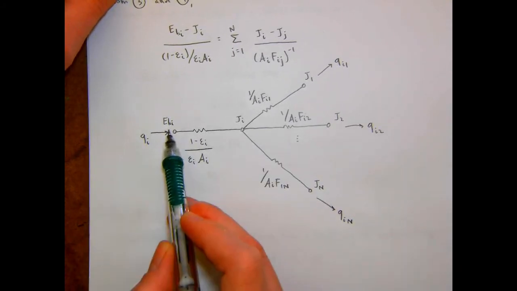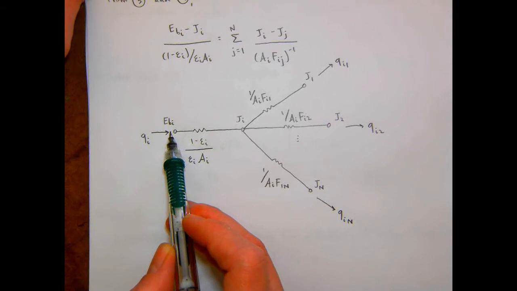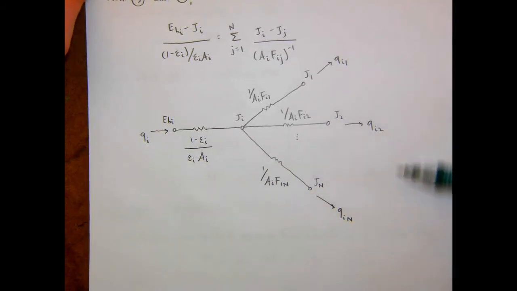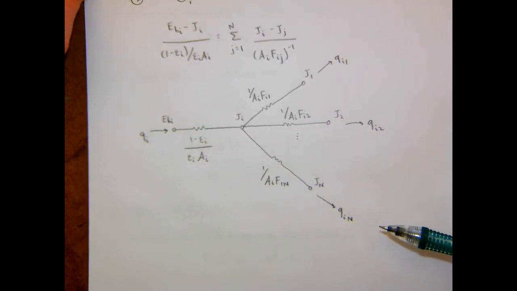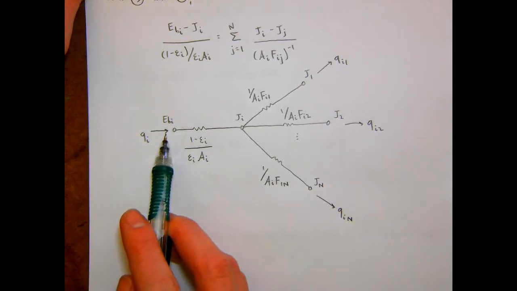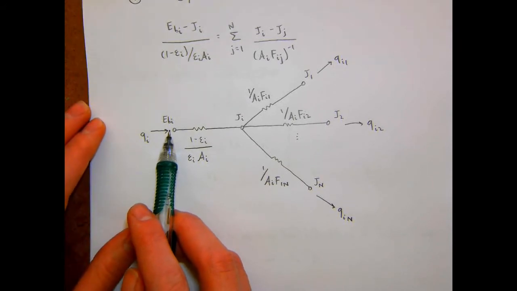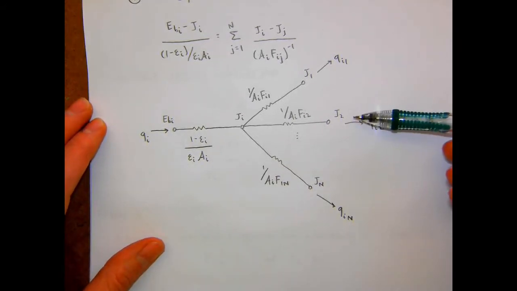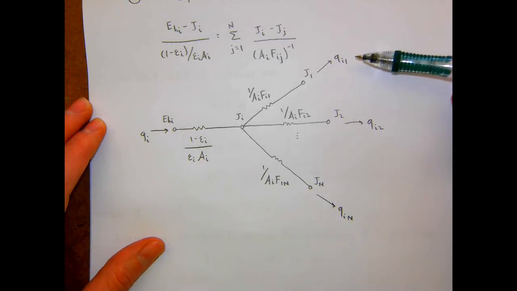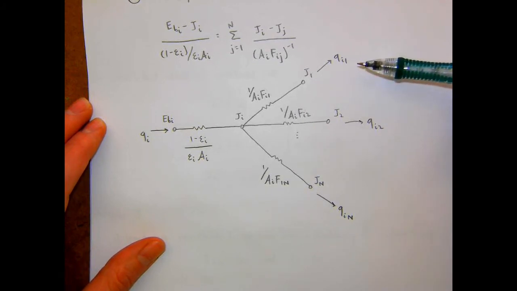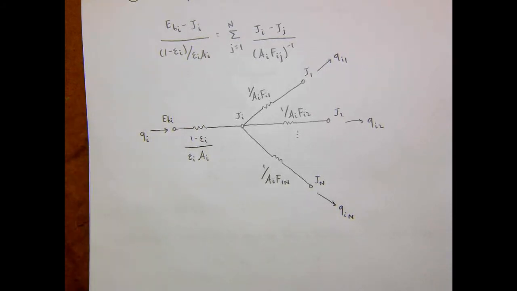So here we have whichever surface we're considering, surface I, going to surfaces 1 through N. And when you write the radiation network for each of the surfaces individually, say we're starting with surface 1, 1 would be I, and then we basically start with 2 and go through N. So even though the view factor for a surface to itself, F11 for example, could be non-zero because our surface can see itself, there will be no net radiation exchange between a surface and itself because it's isothermal, basically.